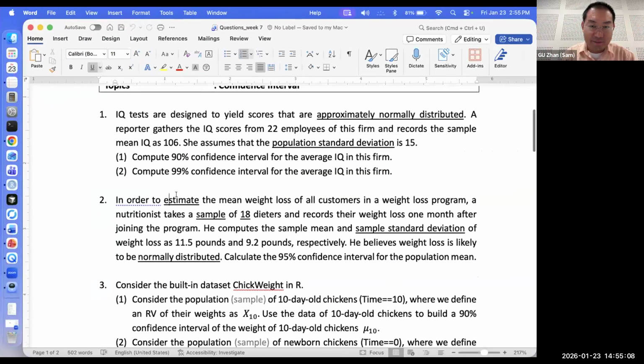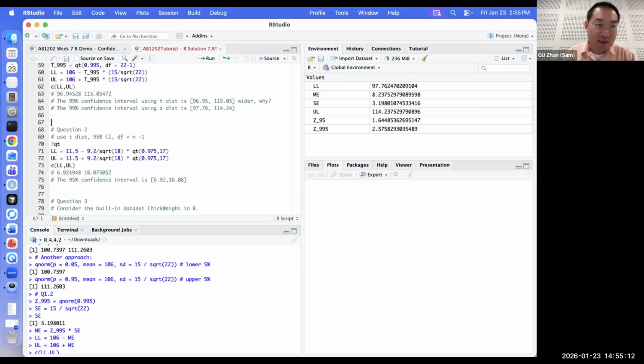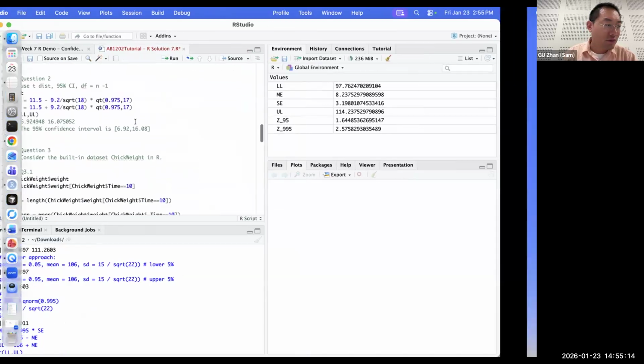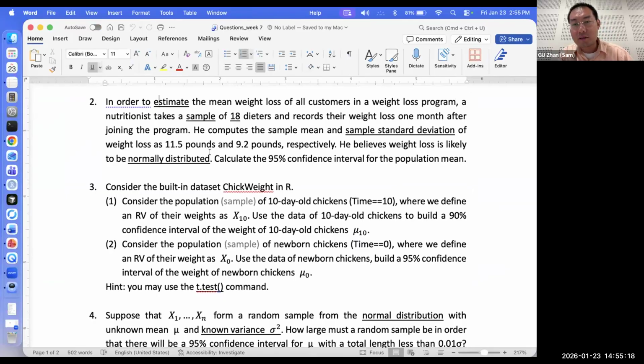So we have finished 1.1, 1.2. Then question 2. In order to estimate the mean weight loss of all customers in a weight loss program, you train a sample of 18 dieters. A sample of 18 is pretty small, n is small, and it will alert you.